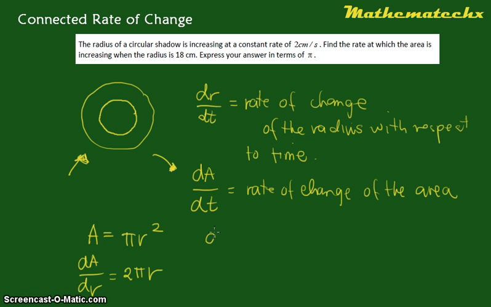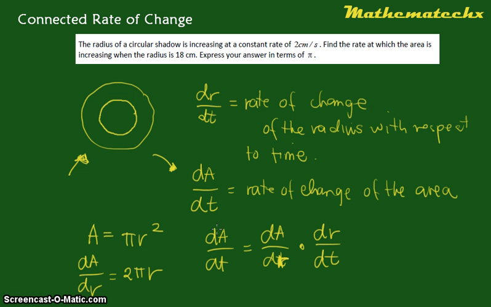Now, the trick here is to use the concept of the chain rule. dA over dt is actually equivalent to dA over dr times dr over dt.